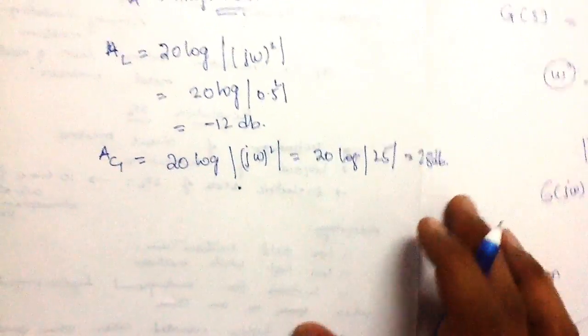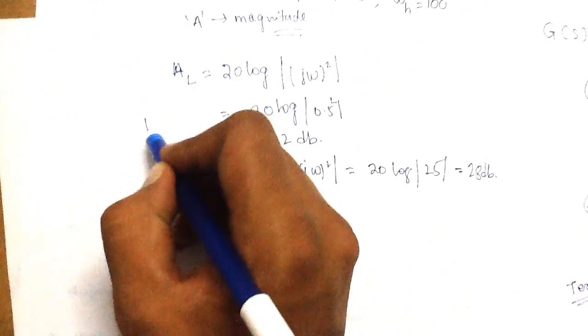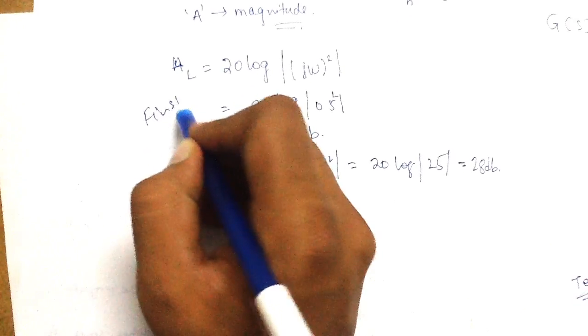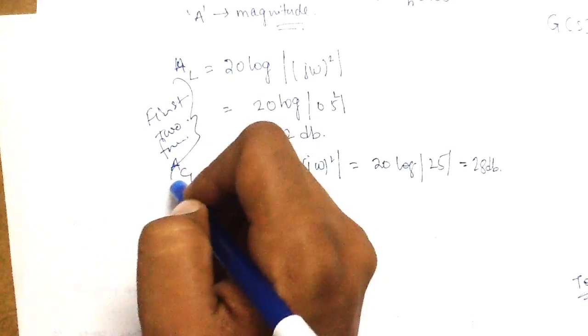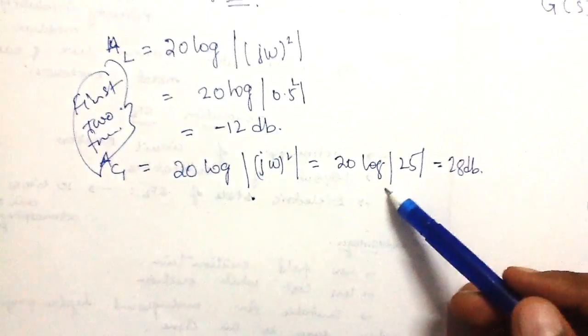So this is how you calculate for the first two frequencies. For the first two omegas, you're going to calculate in this way.